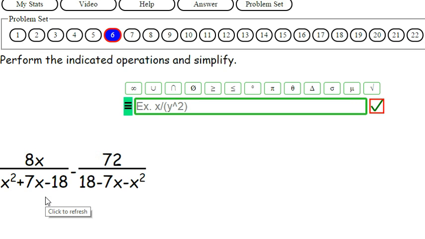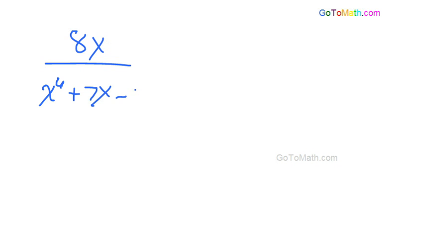Okay. So this one here's kind of tricky. And tricks are for kids, right? Tricks are for rabbits. And the rabbit is about to come out and hide the egg. Alright, so we have 8x over x squared, 7x minus 18.